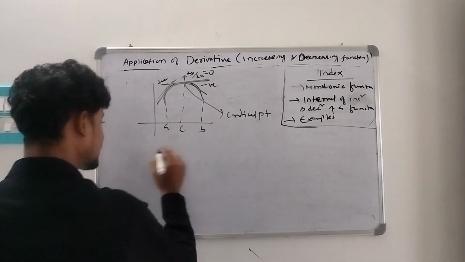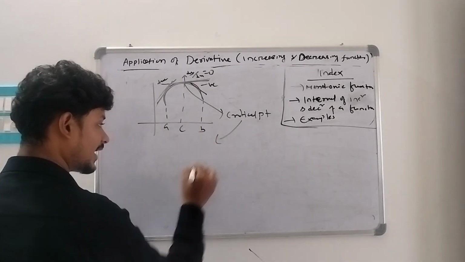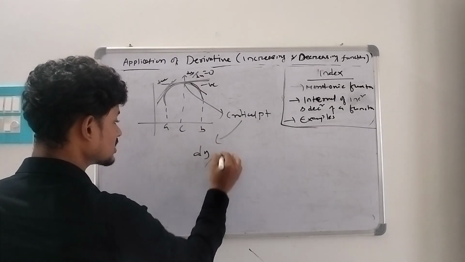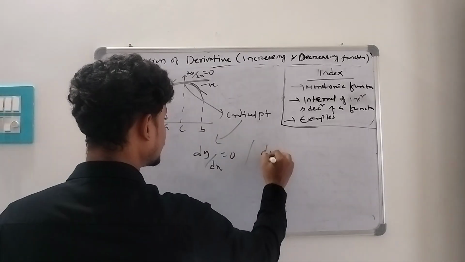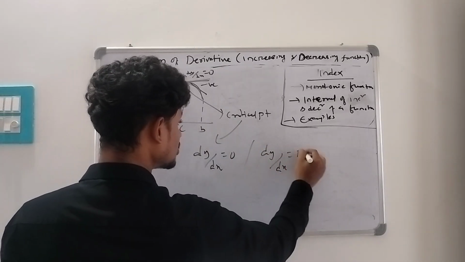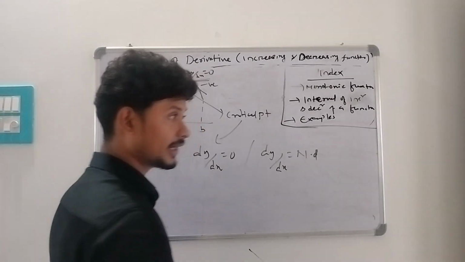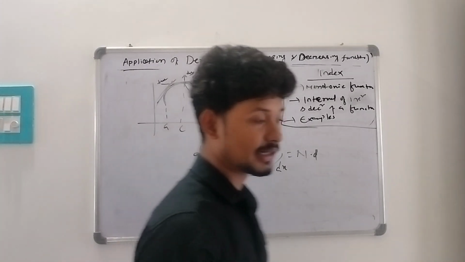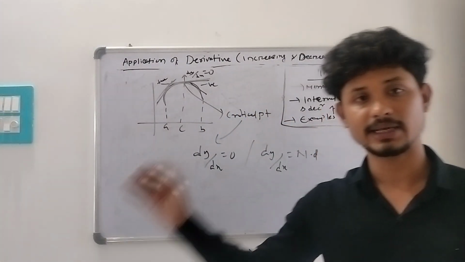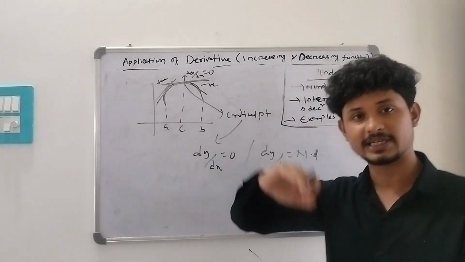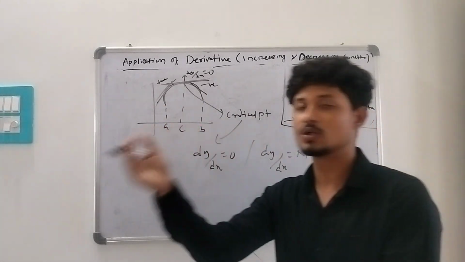So what is a critical point? A critical point is defined as a point where the derivative is equal to 0 or the derivative is not defined. In words, a critical point is a point where the function changes its nature from decreasing to increasing or increasing to decreasing.